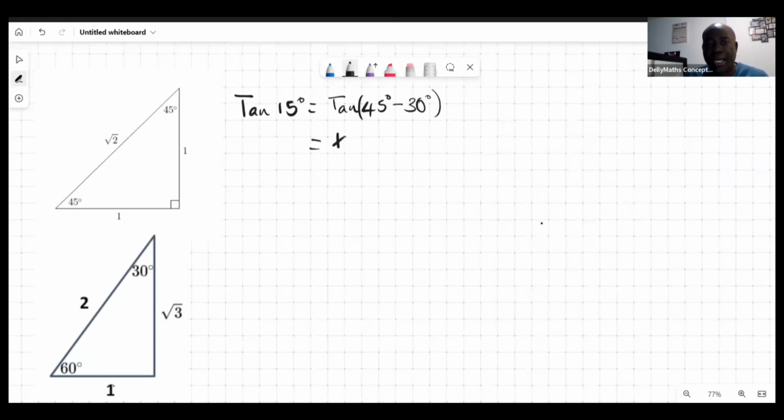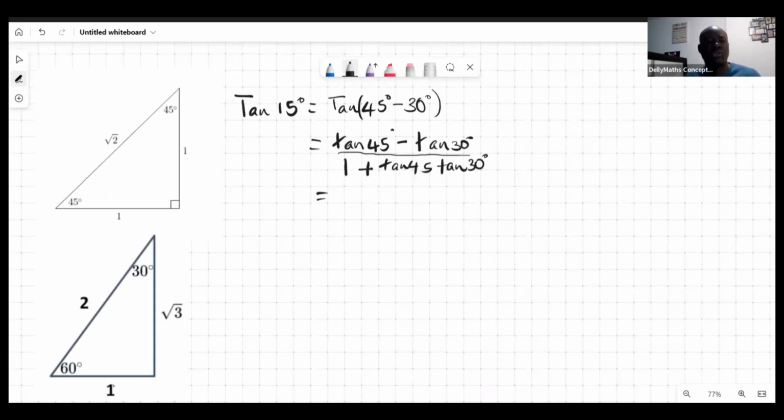The difference formula for tangent states that you'll have the tangent of 45 minus the tangent of 30 degrees at the top. And then all of this over 1 plus the tangent of 45 times the tangent of 30 degrees.